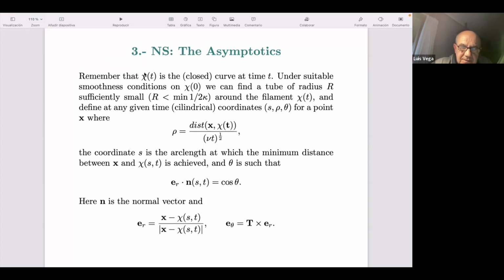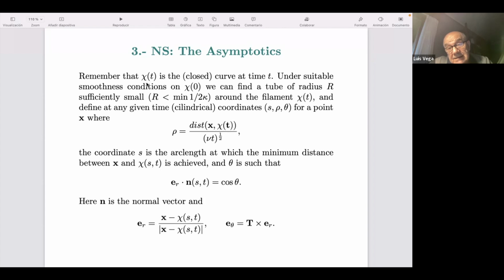In order to construct the solution, somebody has to give me a family of curves that solve the binormal flow. The curves have to be closed and smooth. In particular, I will need the curves to be C3. I assume that the time of existence is 1, and that they don't have self-intersection.